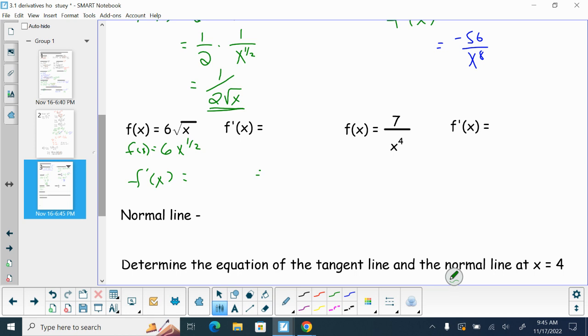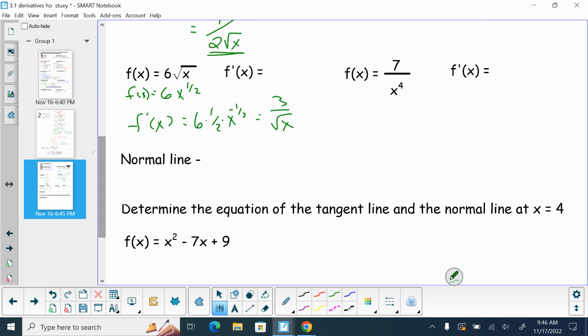Todd, what do you come up with? 3 over square root of x. We have a square root of x, that's correct. We have 6 times 1/2 times x to the negative 1/2 power. 6 times 1/2 gives us 3. The negative exponent drops to the bottom, square root of x.